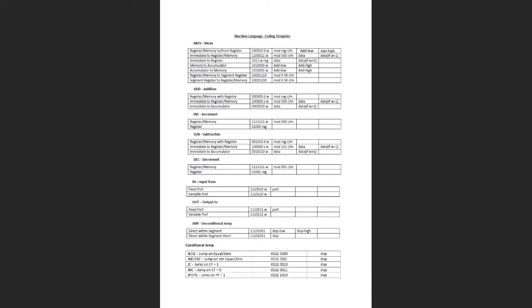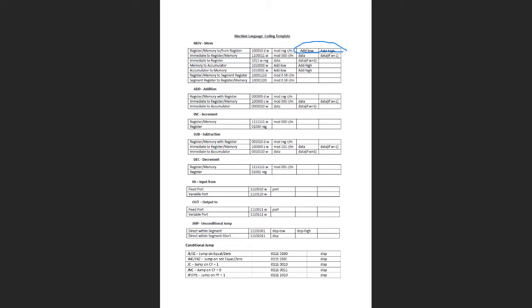Look at here. Here, the move operation, you can see register or memory to or from register. So what is the template for what? Look at it. These two you may not see in some books, but it needs this kind of instruction.